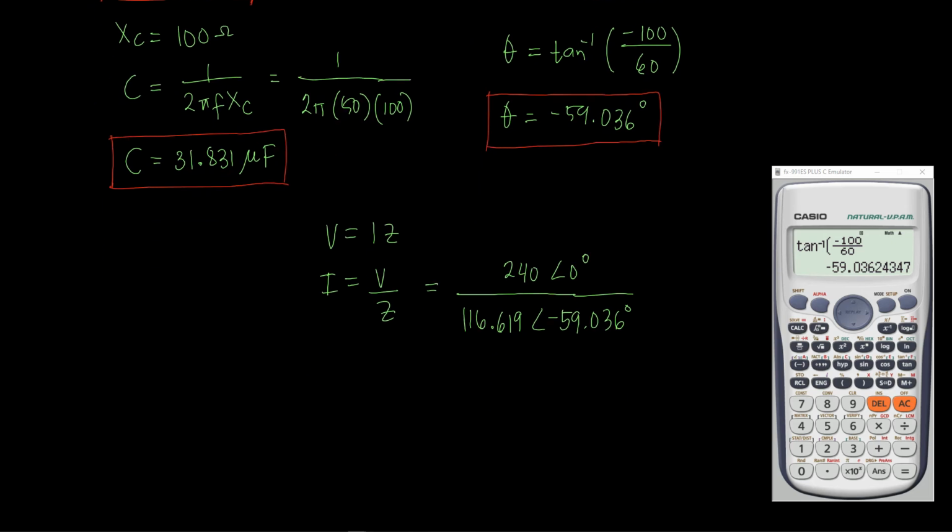Now, what is our current? In division of polars, the magnitudes are divided and the angles are subtracted. In multiplication, the magnitudes are multiplied and the angles are added. So we have 240 divided by 116.619, which is 2.058, with angle 0 minus negative 59.036, which becomes positive 59.036 degrees.